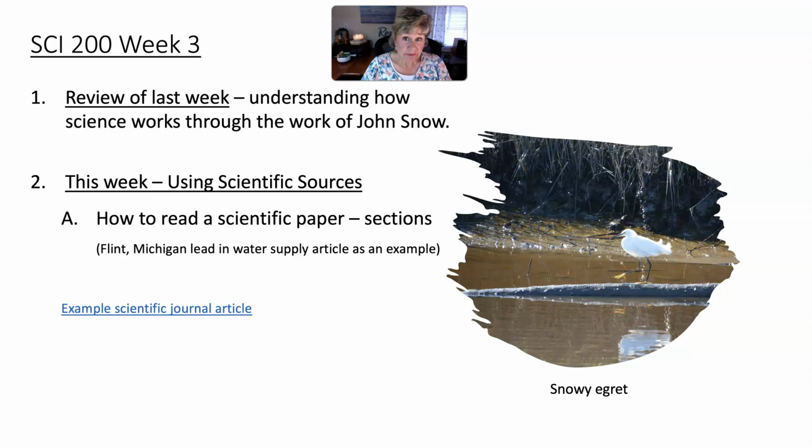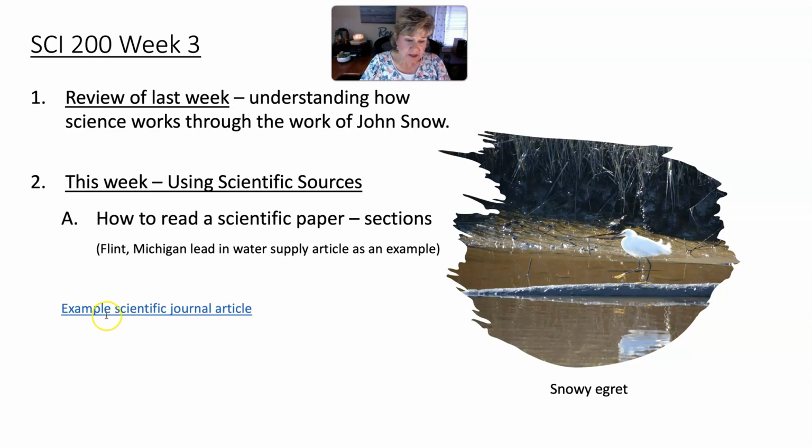Okay, so find a correct database to help you. And then I want to help you learn about the scientific process through the publication of scientific papers and what the different sections are in a paper and what to look for in the sections.